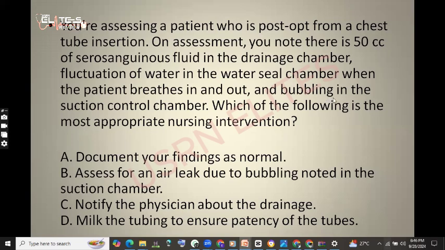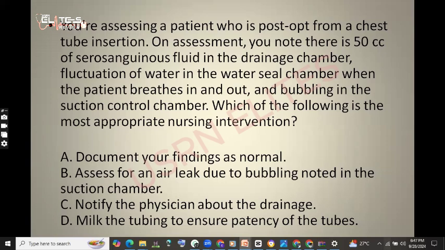Okay, so in the question they brought a suction control chamber, meaning that when the patient breathes in and out, I'm supposed to see a continuous bubbling. Here I only see bubbling. I don't know whether it's intermittent or continuous. That is my only confusion here.